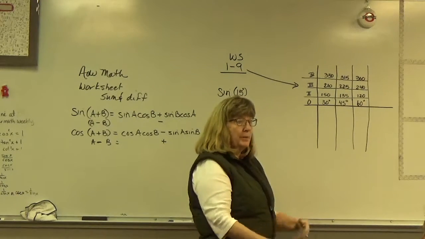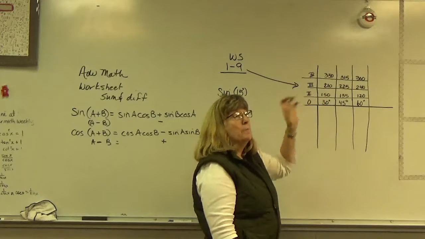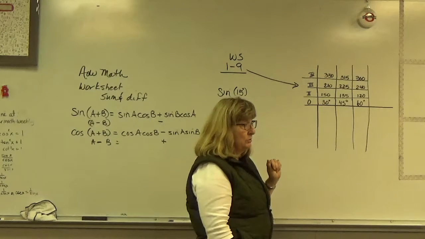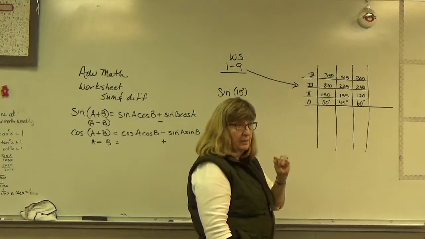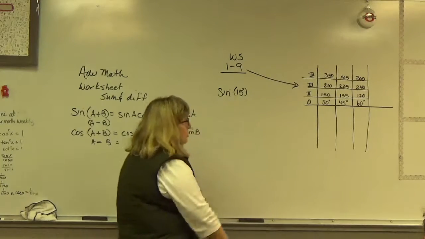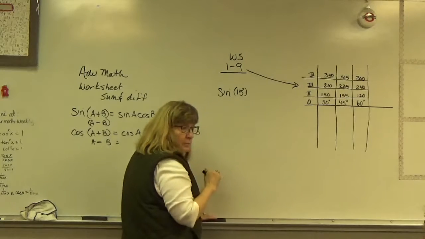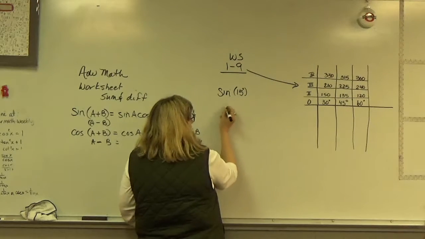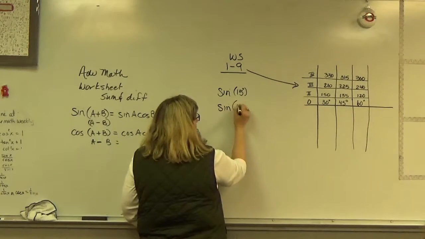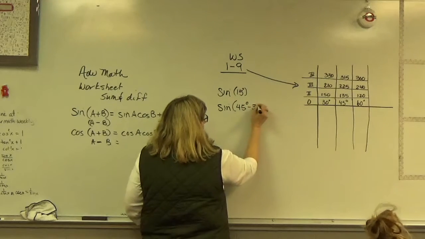There's a lot of combinations in that group. It does not matter what combination you use. Does everybody understand what I just said? Does not matter. So just to make it simple, I'm going to use the one I first thought of, 45 minus 30. Is everybody okay with that? So to get the sine of 15, it's the sine of 45 minus 30.